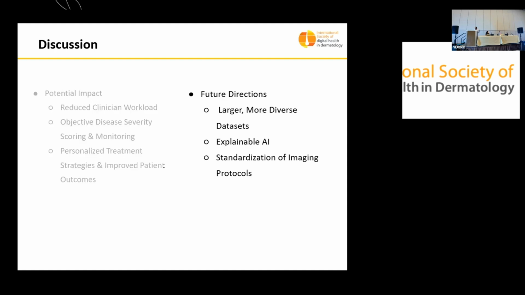And in the future, larger, more publicly available data sets will definitely help to steer us in the right direction, as well as using newer technologies like explainable AI and generative adversarial networks, which will also be able to help, I think, in the next space for AI with vitiligo. And then, of course, more standardized imaging protocols.